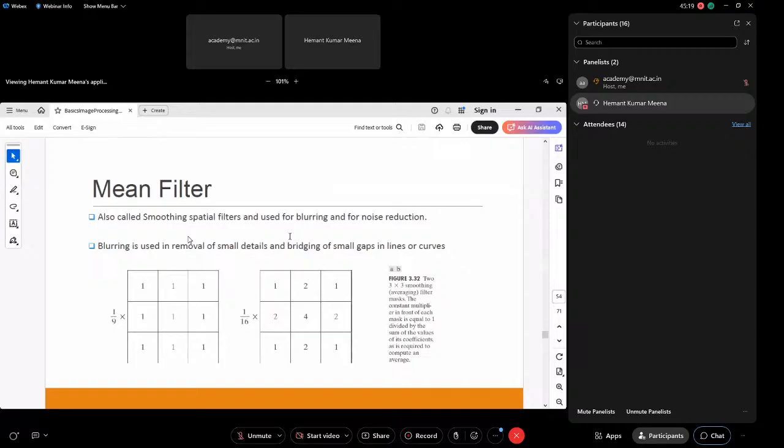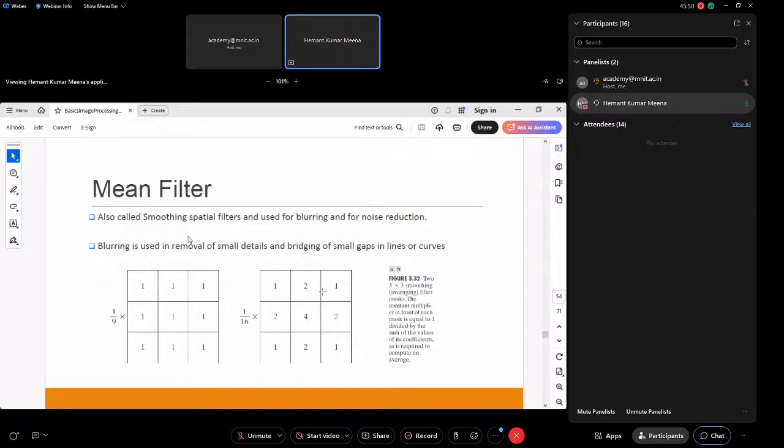Mean filter. Now we are coming to the filters. As we discussed, what do you do in the mean filter? When you take the 3 by 3 block, you add all the values and multiply by 1/9. It is not necessary to take a 3 by 3 neighborhood; you can take a 4 by 4 neighborhood also. But then how will you take out the mean?